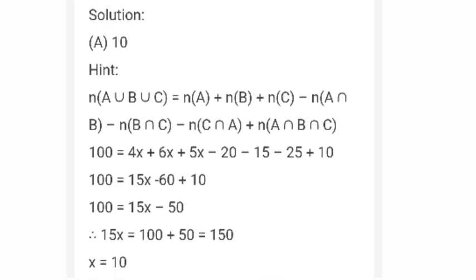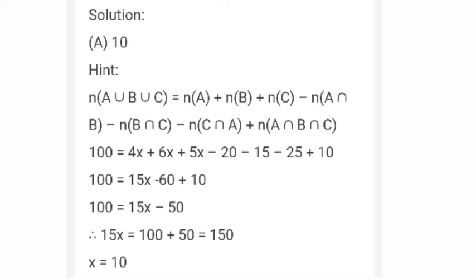We have the formula: n(A union B union C) equals n(A) plus n(B) plus n(C) minus n(A intersection B) minus n(B intersection C) minus n(A intersection C) plus n(A intersection B intersection C).